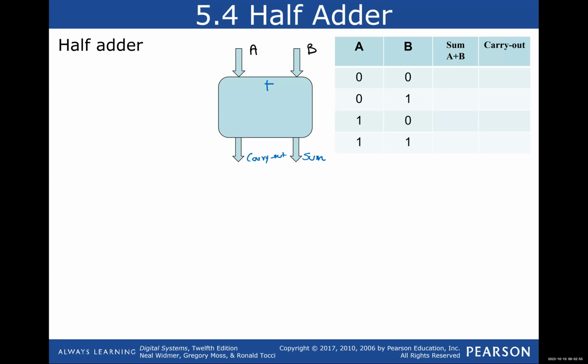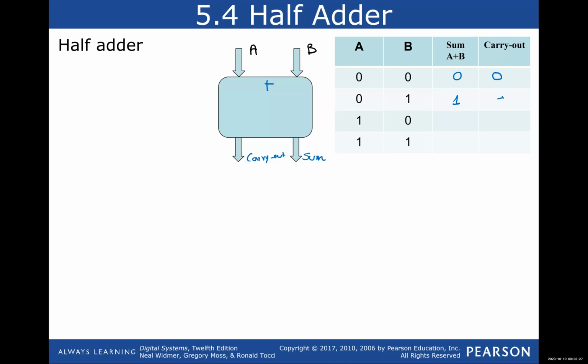Let's start with the first one. So let's go to this table here so we can start to wake up. 0 plus 0, A plus B, 0 plus 0. What is your summation? What's your carry out? 0 and 0. Now, what is 0 plus 1? The sum is 1, and the carry out is? Are you taking any carry out to the next position?